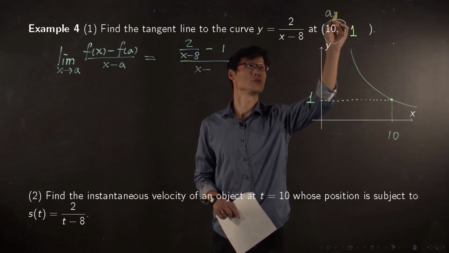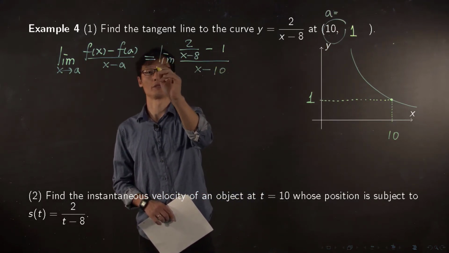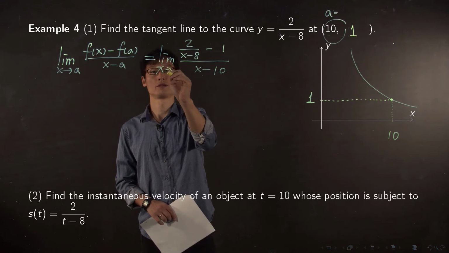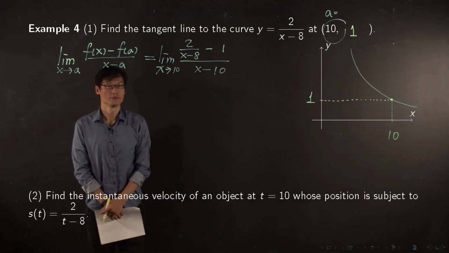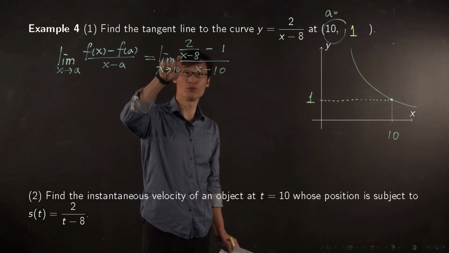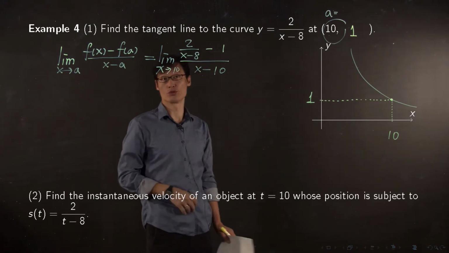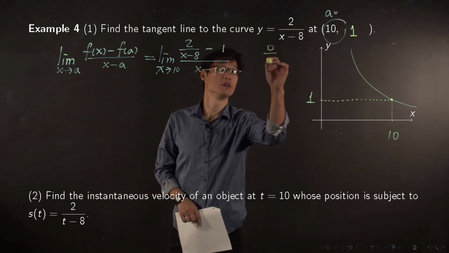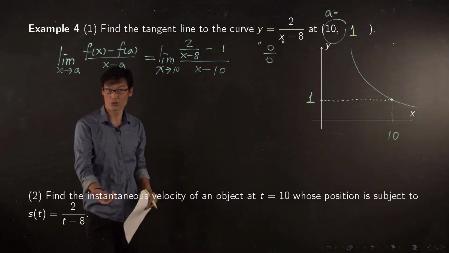This will give you x minus 10. And then we take limit. If you plug in 10, we have 2 over 2 minus 1 over 10 minus 10, or 0 over 0 form. So we need to find common factor and then cancel.